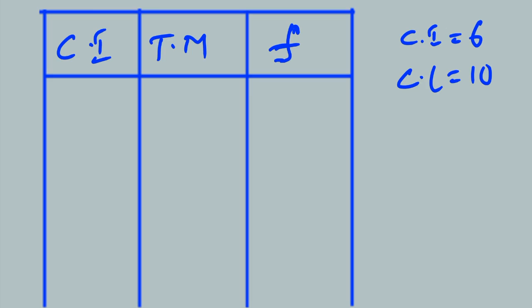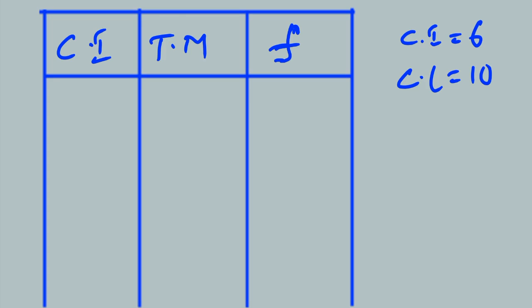If you don't know what inclusive and exclusive mean, I have left a link in the description. I have already prepared an introduction to the grouped frequency distribution table, and in that video I covered all the terminology about frequency distribution tables. So here I'm going to write the data in inclusive class intervals.